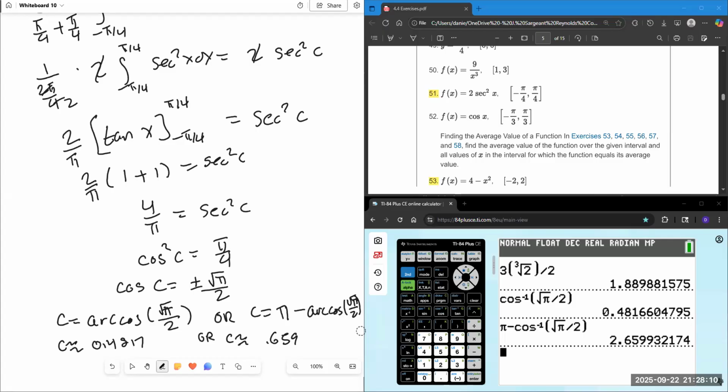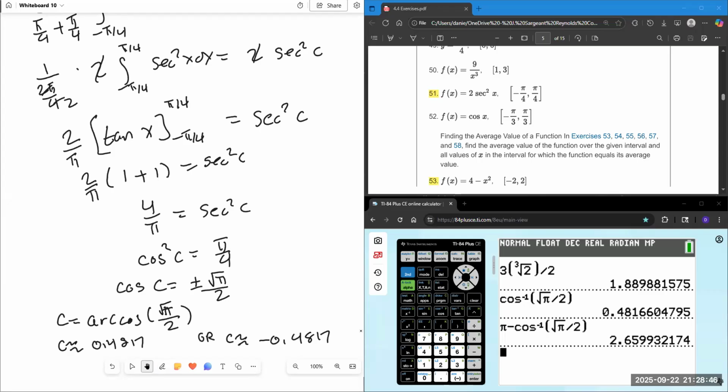I need to stay between negative pi over 4 and pi over 4. So the other answer that's going to work for this is going to be the negative of this, staying in this region right here, since cosine is an even function. If I take the opposite value, that will also work.